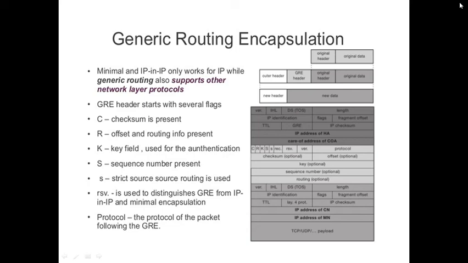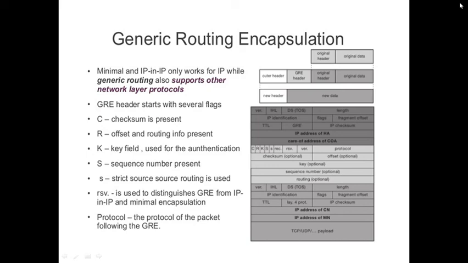And the GRE header always starts with several flags indicating whether certain fields are present or not. A minimum GRE header uses only 4 bytes, and GRE is flexible enough to include several mechanisms in its header. So here there are a few bits, C, R, K, S, like that.